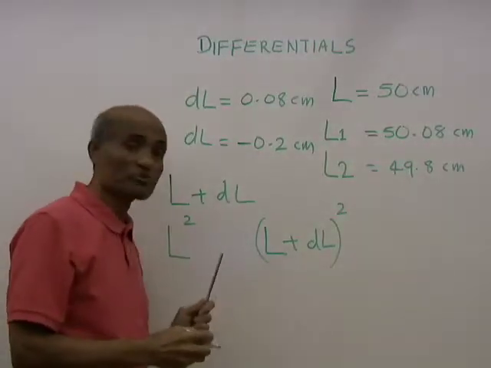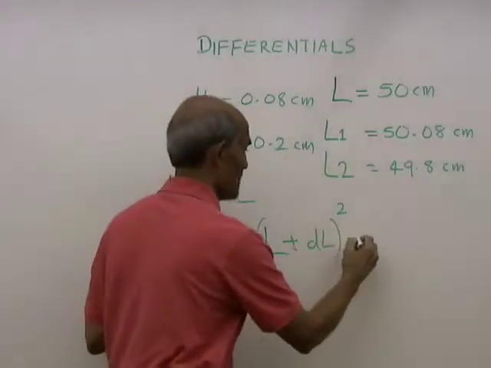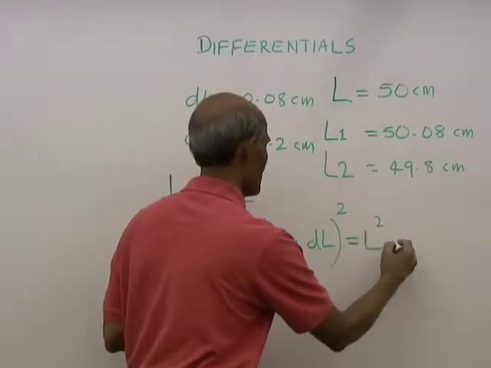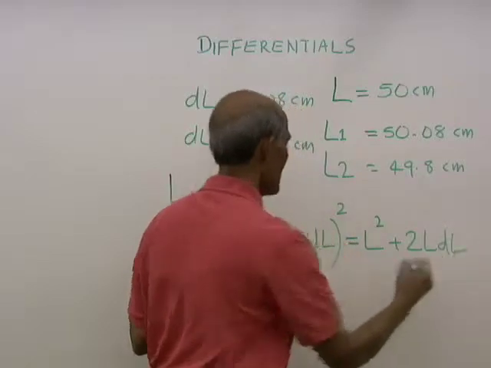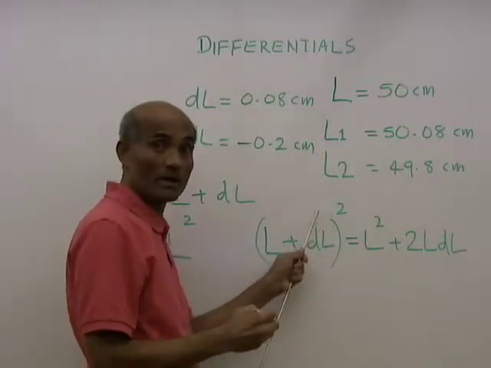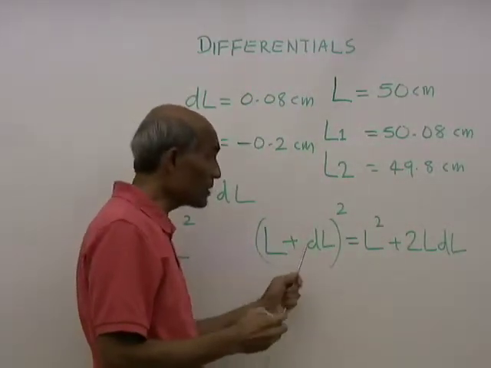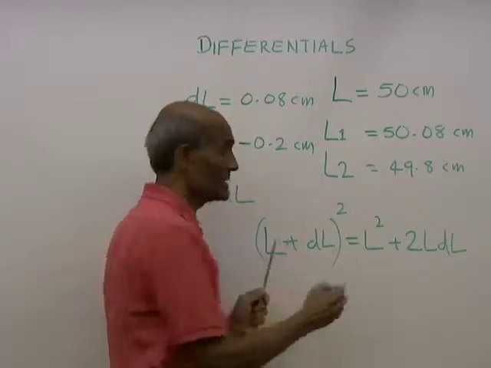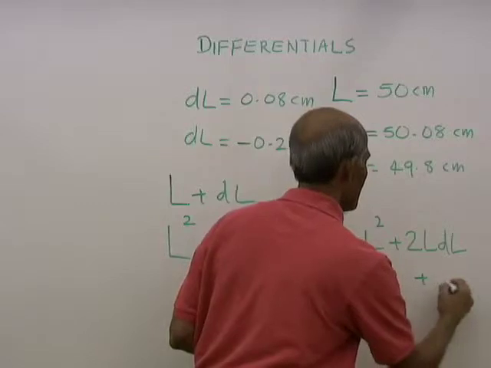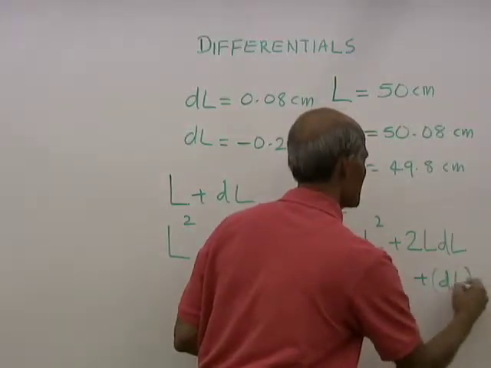Now, can you distribute that for me? That will be L squared plus 2LDL, is that right? L squared plus 2LDL plus the square of DL, is that right? So I'm going to write that over here, DL squared.